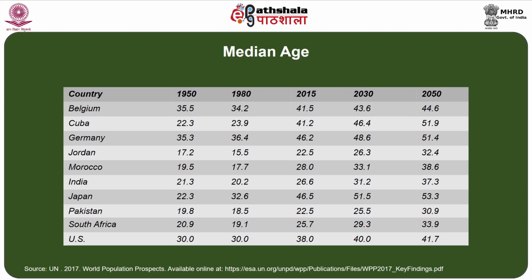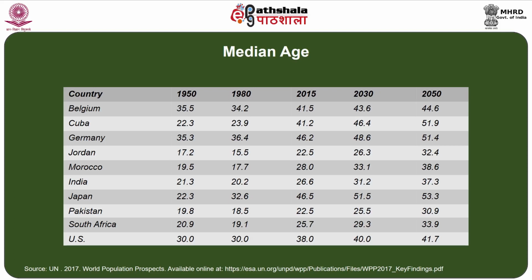Slightly higher median ages are reported for countries like Belgium and the United States, which were 35.5 years and 30.0 years respectively in 1950, increasing further to 41.5 years and 38.0 years in 2015, and the projections indicate that it is going to increase further to 43.6 years for Belgium and 40.0 years for the United States.